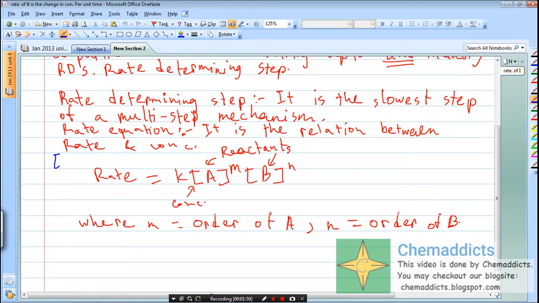This is the rate, K is the rate constant, this is the concentration of A raised to power m, and this is the concentration of B raised to power n, where m is the order of A and n is the order of B. So we're going to form a similar rate equation, which will look like this. Now let's form the rate equation.